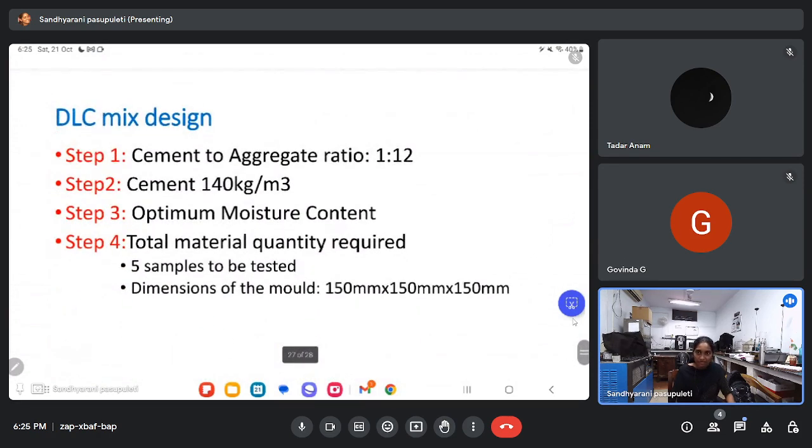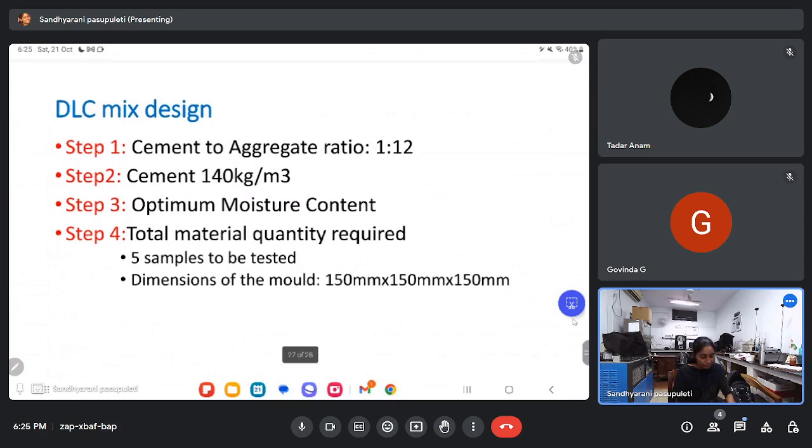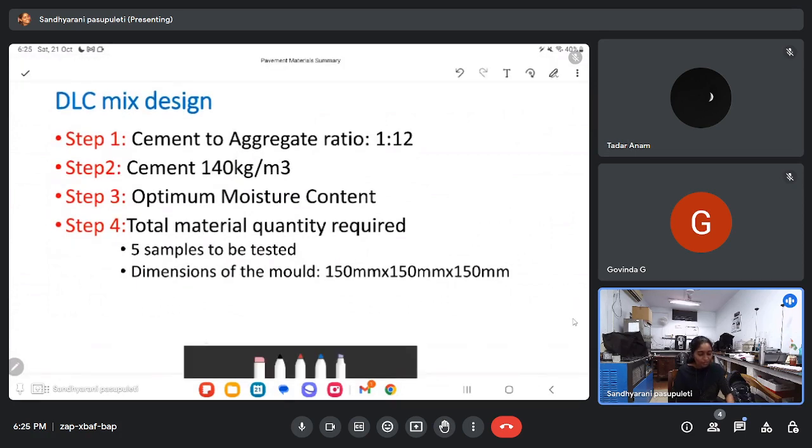In a similar way for the dry lean concrete also, but here, instead of the water to cement ratio, the cement to aggregate ratio is more important because we are designing for zero slump. So DLC is just below the PQC, having lesser strength than the PQC, and we do not want higher strength for this, and we do not want a more plastic state.